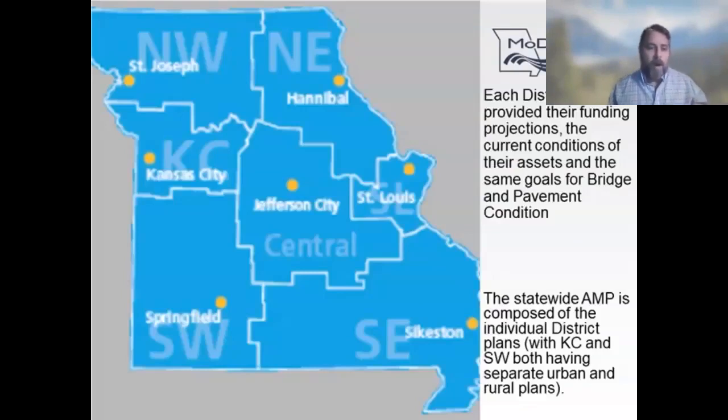So MoDOT transportation planning works with the districts to identify for their area what's going to put them in the best position to be successful in maintaining those assets. This leads to 9 separate asset management plans. Kansas City and Southwest both have a rural and urban area, and the funding is a little different, and so the plans are a little different. So when we take those 9 plans in aggregate, we're able to essentially develop the statewide plan.